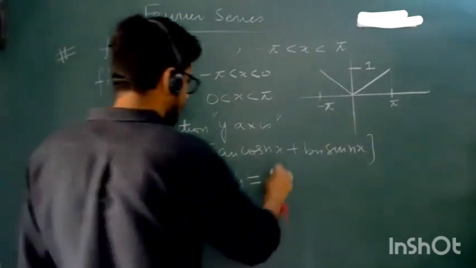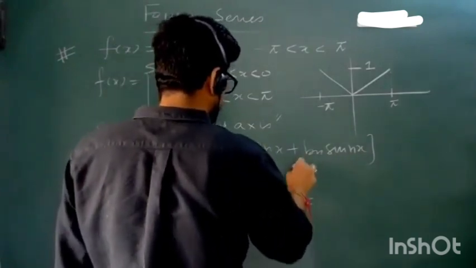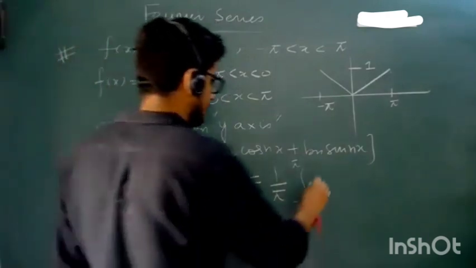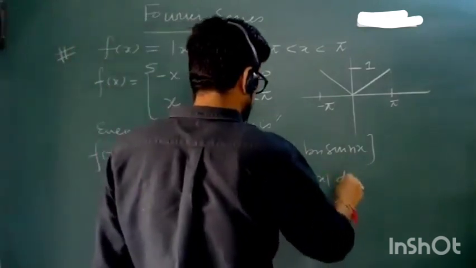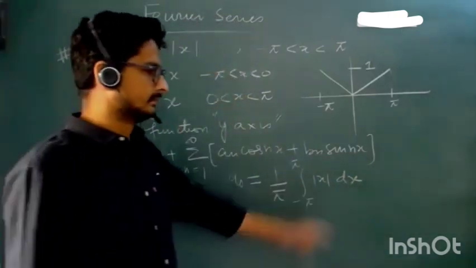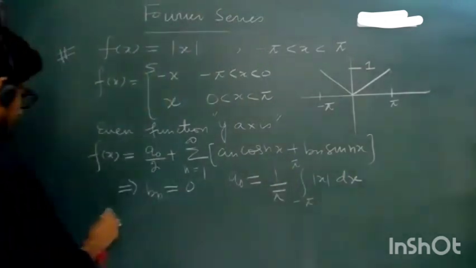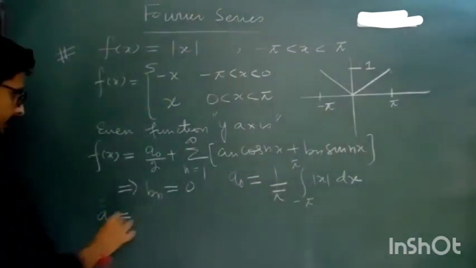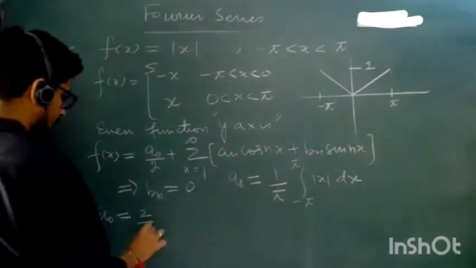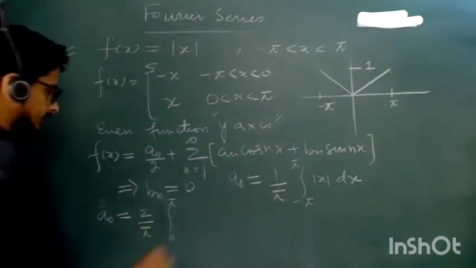It will be 1/π integral from -π to π of |x| dx, correct? And this is even, so I can write a0 = 2/π integral 0 to π of x dx.